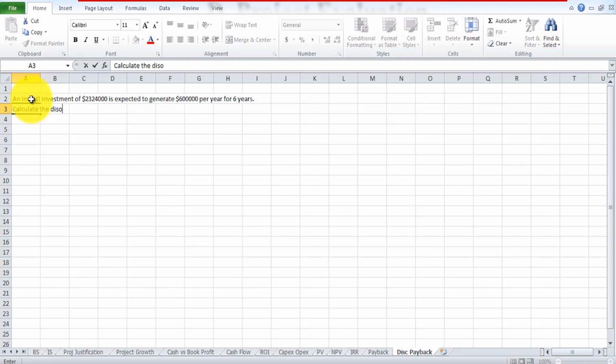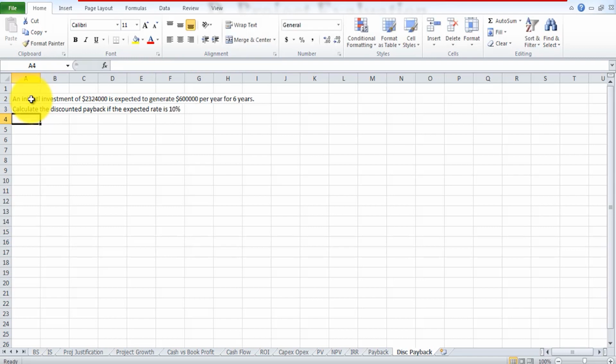Calculate the discounted payback if the expected rate is, let's say, 10%.